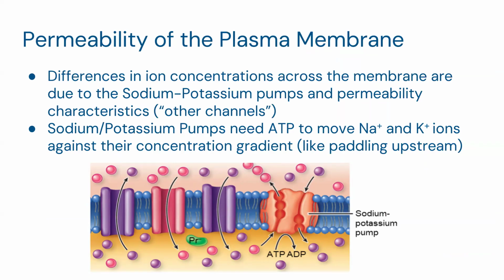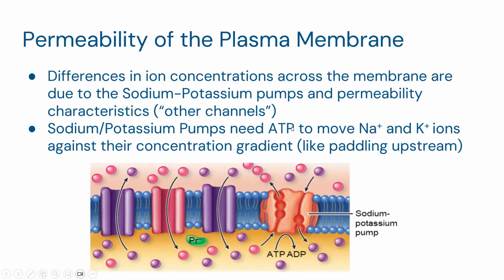We learned about the sodium potassium pump way back in Unit 1 because it was an example of active transport, which is why we see this ATP to ADP arrow here. And our sodium potassium pump, no surprise, is in charge of pumping sodium and potassium. But they're going to go opposite directions.